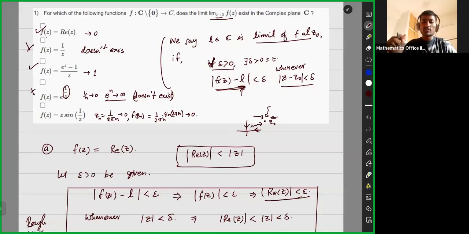Now, I think it does not exist. So I will find another sequence where Zn goes to 0, but f of Zn does not go to 0. If it exists, it should be uniquely existing.